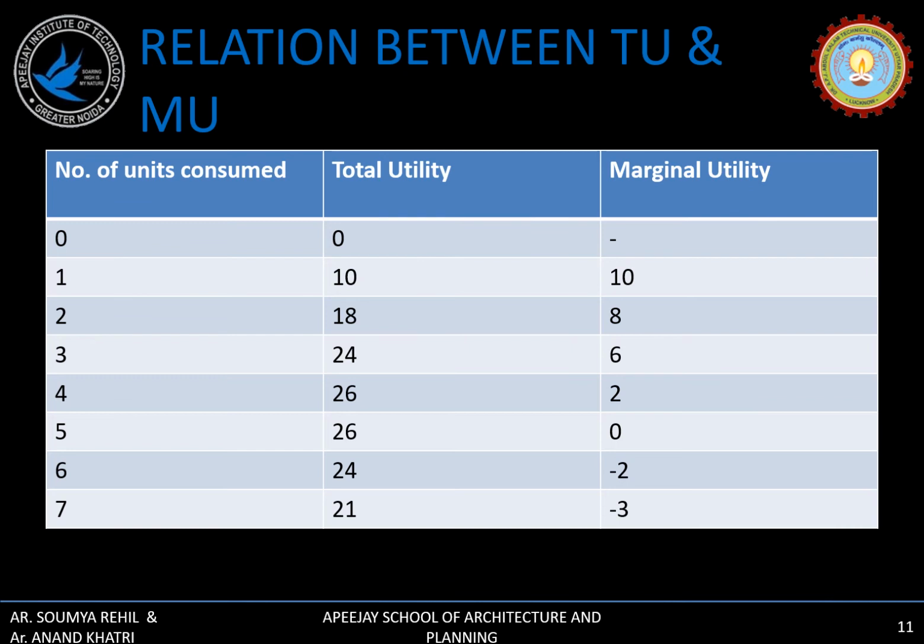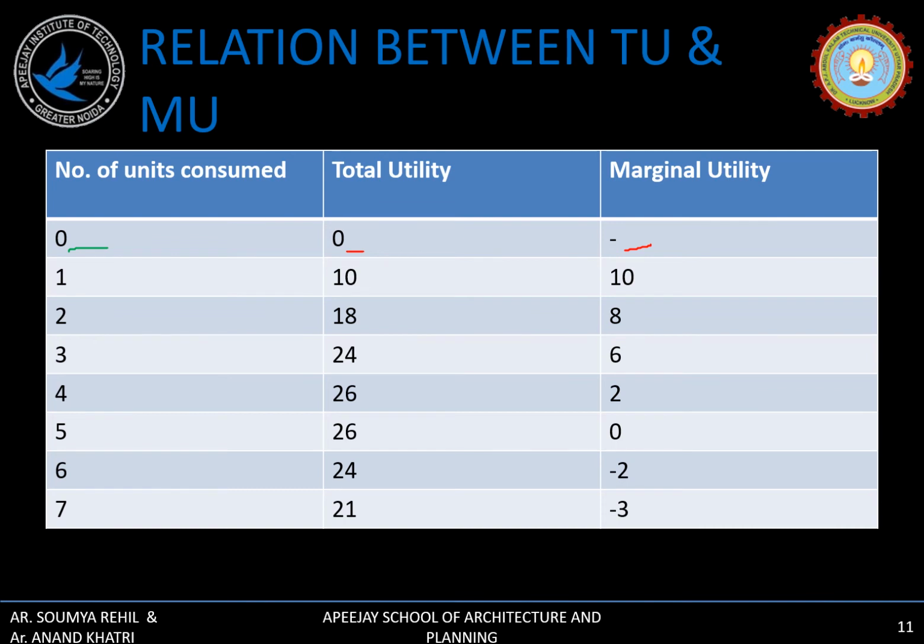Now they're serving lunch to you. Till you have started eating, your number of units consumed is zero. Hence, the total utility of satisfaction is zero, and marginal utility is also not applicable.